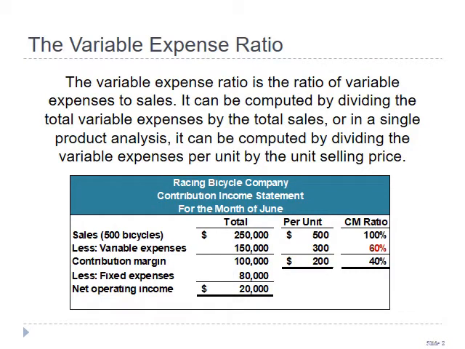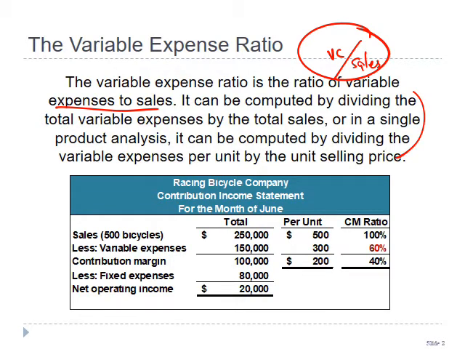The variable expense ratio. The variable expense ratio is the ratio of variable expense to sales, which means variable cost divided by sales, either in units or in whole numbers, right? So you can read it by yourself here.